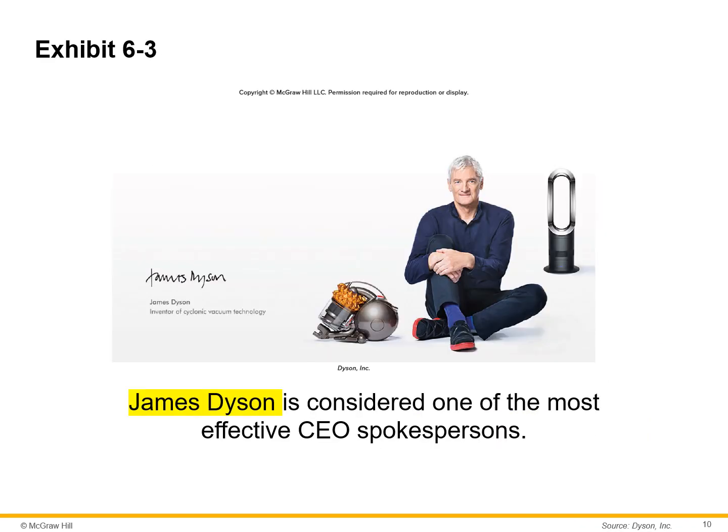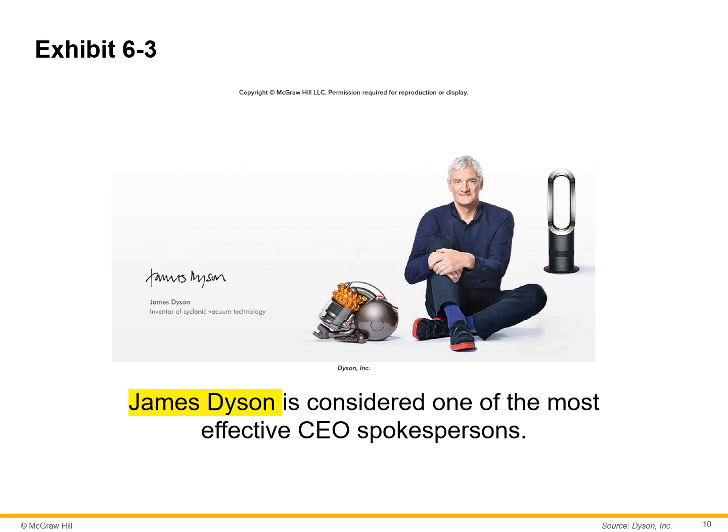Are you familiar with Dyson? Dyson vacuum cleaner? The CEO here is James Dyson, inventor of the cyclonic vacuum technology. That's pictured here with his Cyclone vacuum cleaner, and this one I believe is a fan used for Dyson.